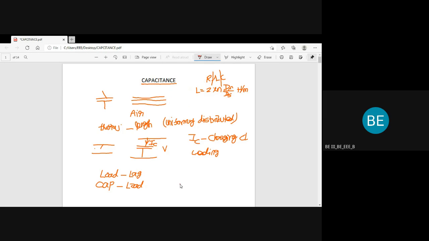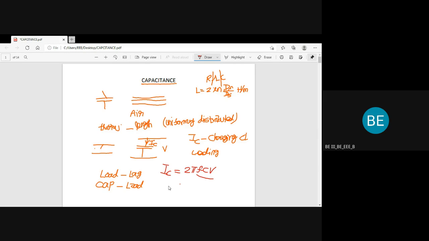Right. So what will be the advantage of this leading current? Before going to that, this current IC, the formula for IC is 2 pi f C into V. The charging current depends upon three factors: the voltage, the frequency, and the capacitance.